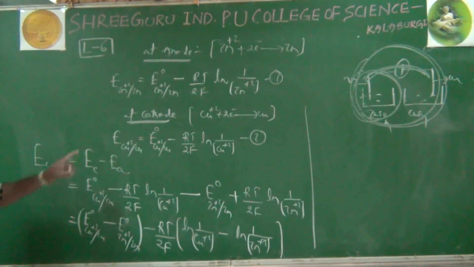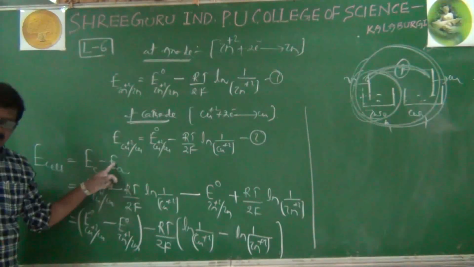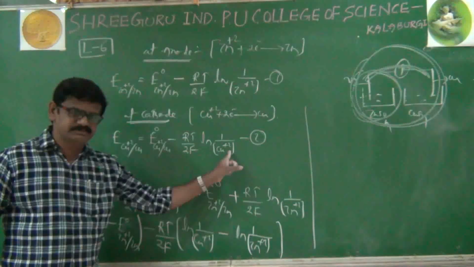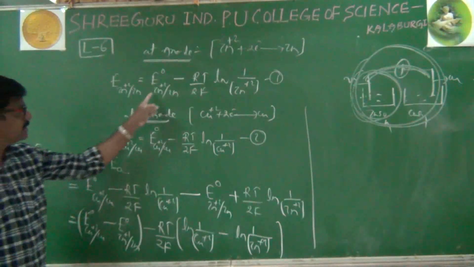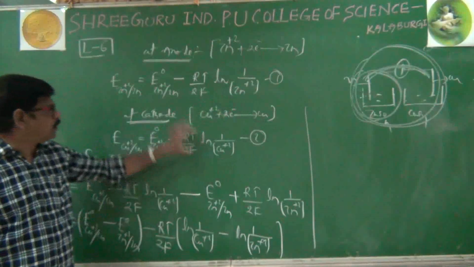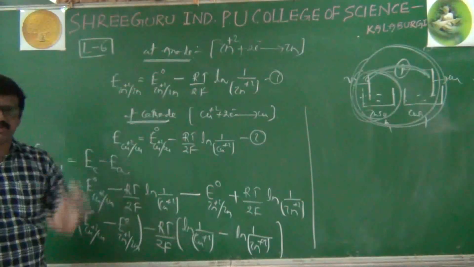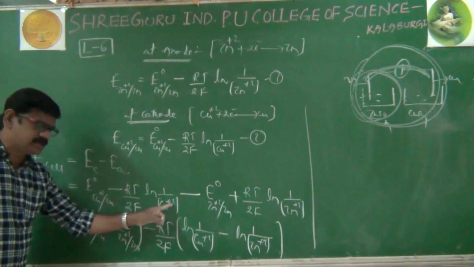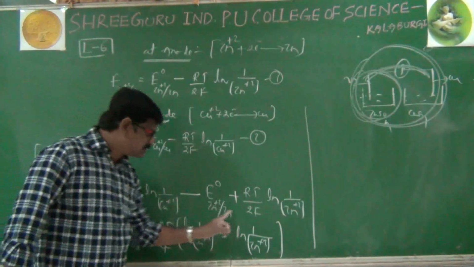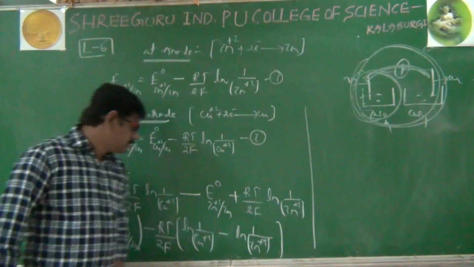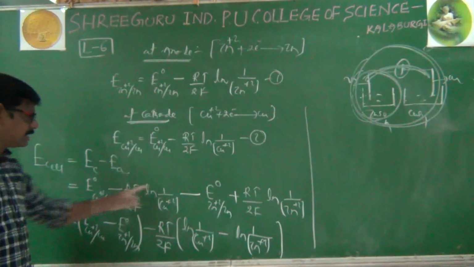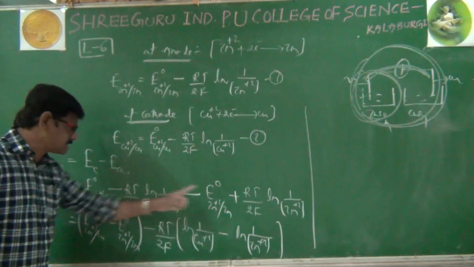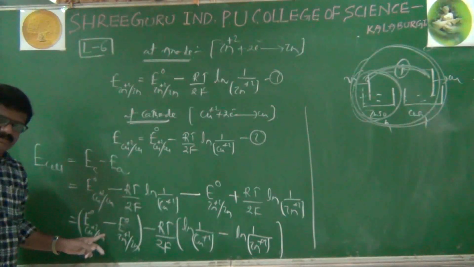Once again, E cathode minus E anode is our regular formula. Cathode is this value, anode is this value, and both values we just have to substitute. E cathode is from here to here, minus E anode from here to here. Now the E⁰ copper and E⁰ zinc, both standard electrode potentials, we write at one place.